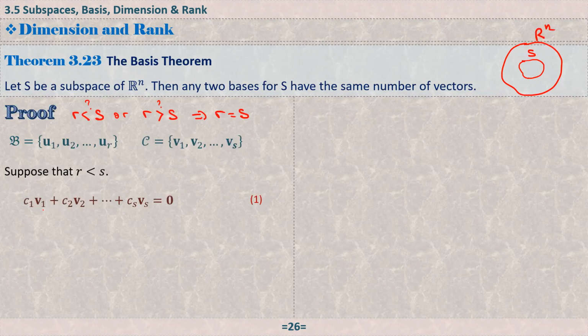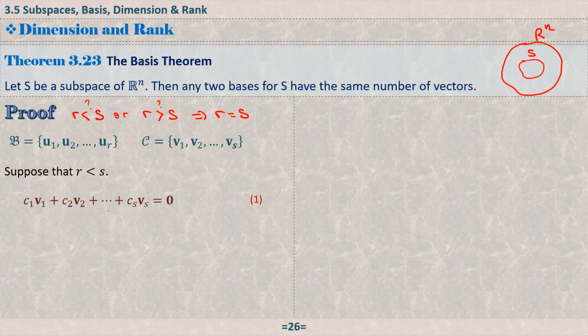If you write the linear combination of v1, v2, ..., vs, the only way to make this expression zero is if the coefficients c1, c2, ..., cs are all equal to 0.